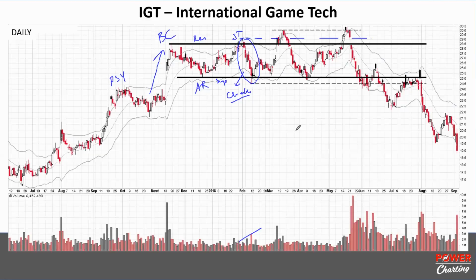And then there's another attempt to rally, and this attempt to rally goes up and throws over the resistance area into an upthrust. And this upthrust is again retraced very quickly with a high, consistent level of volume.